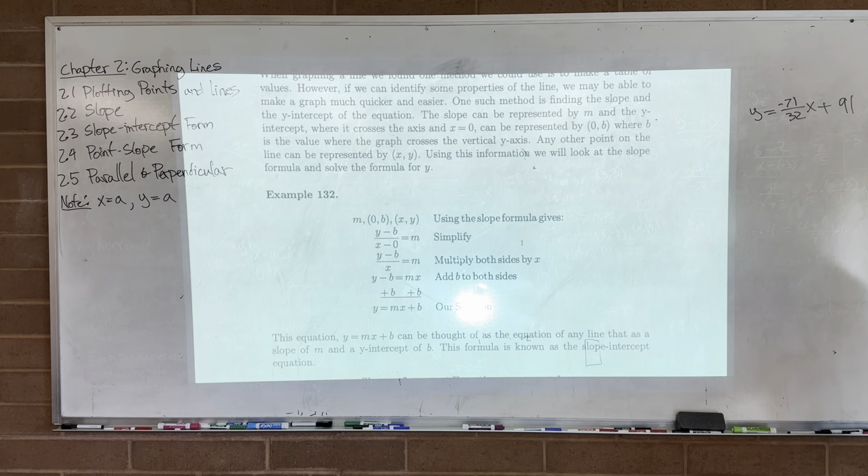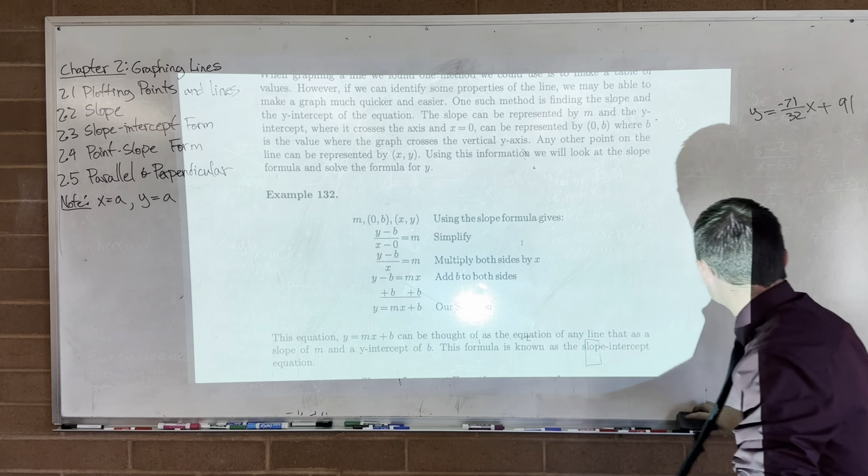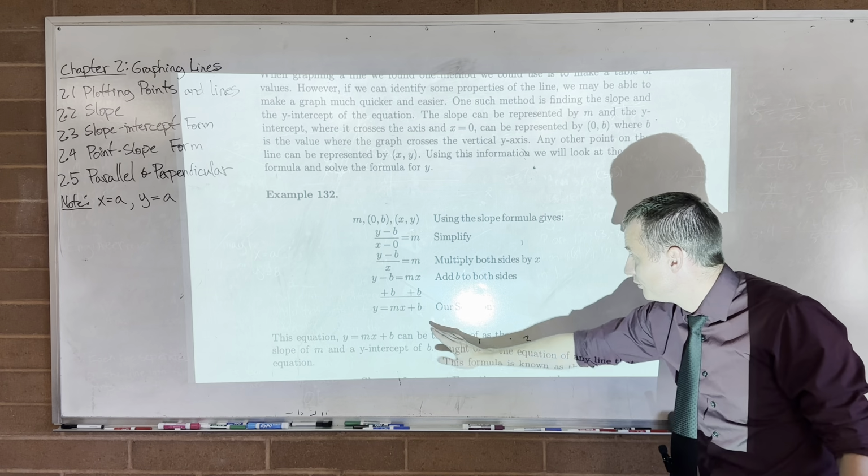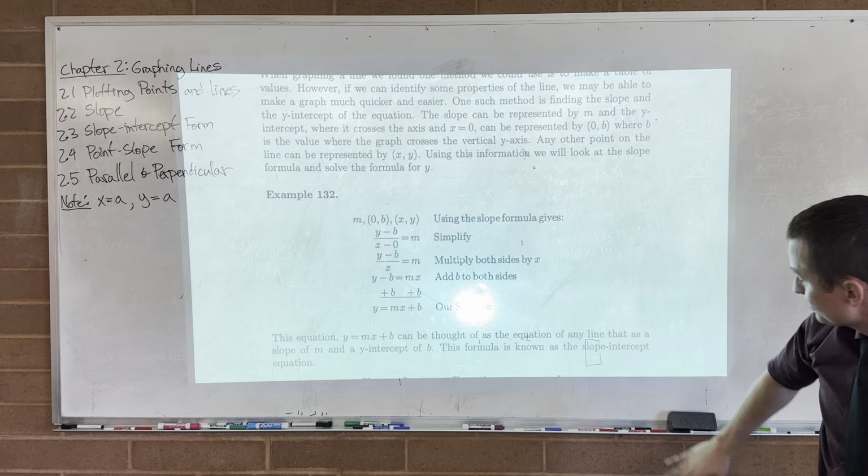The slope is negative 71 over 32. Where does it intersect the y-axis? At 91. Good. That's the value of writing it this way. Gives you a lot of information real quick. Okay. So, mx plus b. That's what it is.